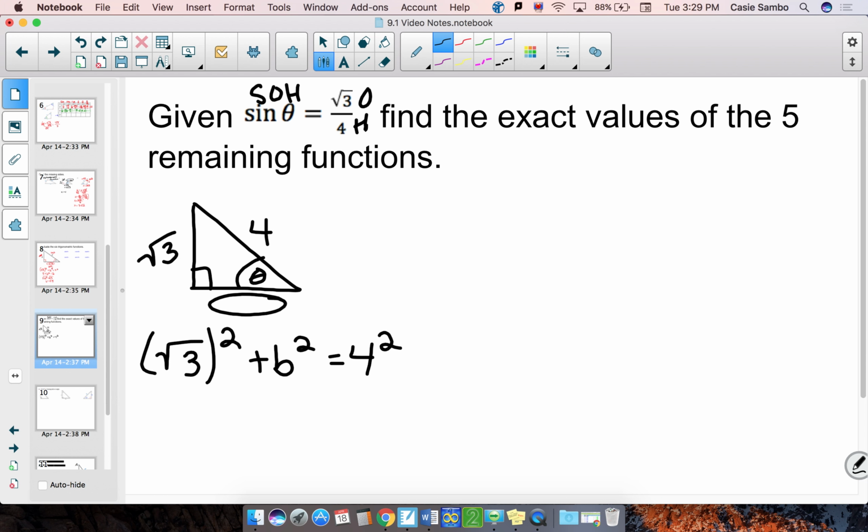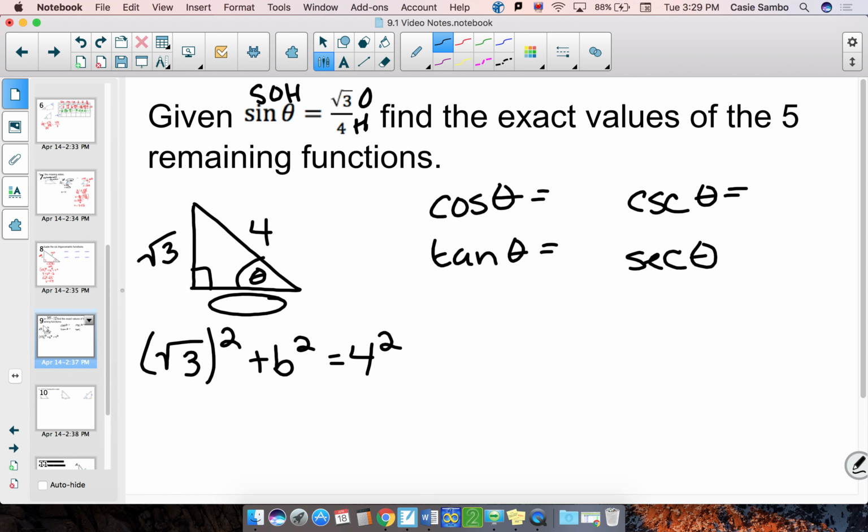Figure that out, and then you need to find cosine of theta, tangent of theta, cosecant of theta, secant of theta, and cotangent of theta. Try those, try to figure them out, and then check your answers on Google Classroom. Next.